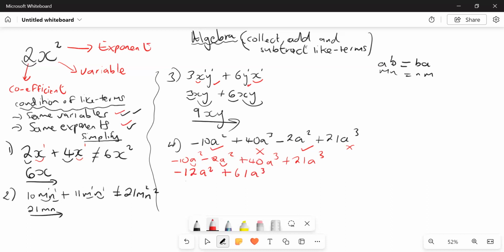So this is the final answer. We can't add 12 and 61 because a squared is not the same as a cubed. So these are not like terms.